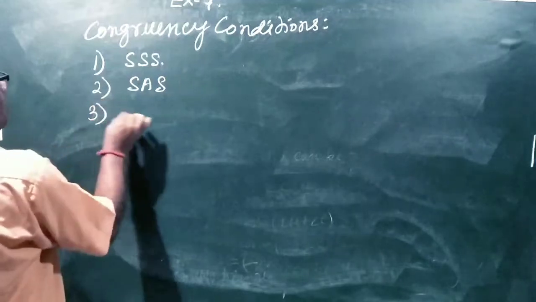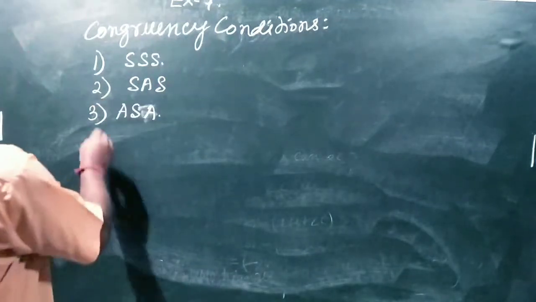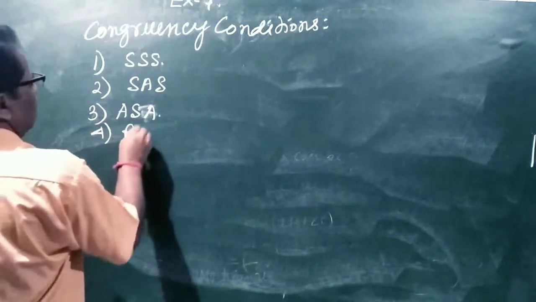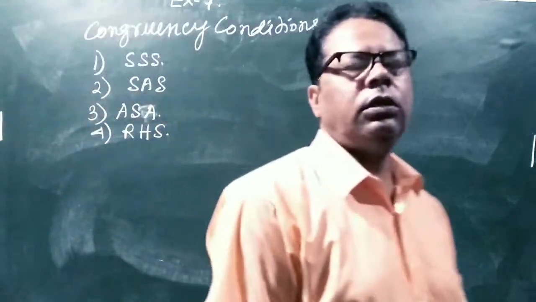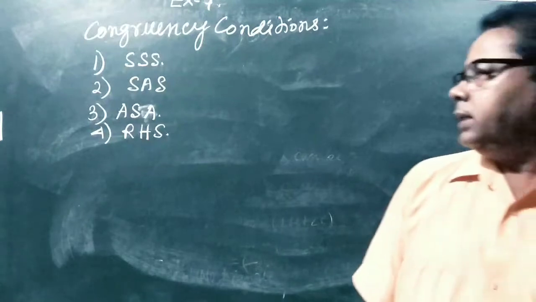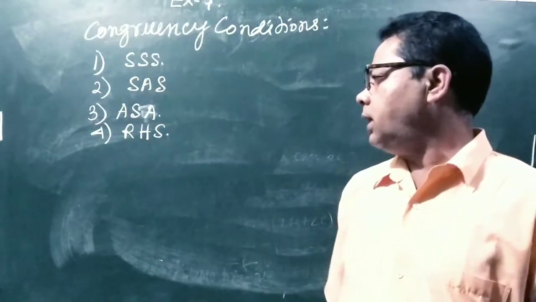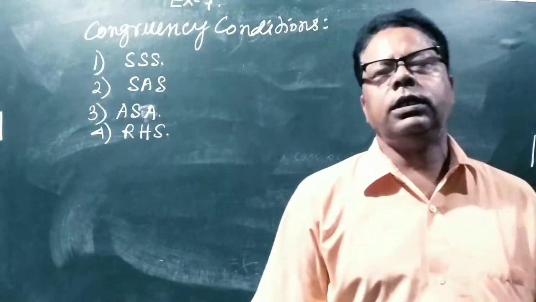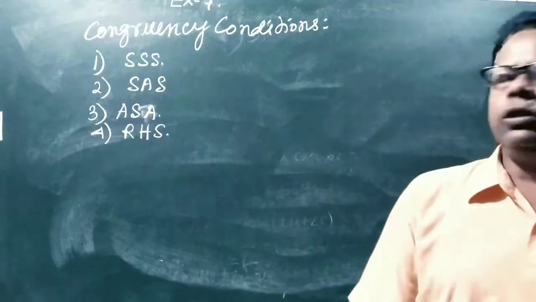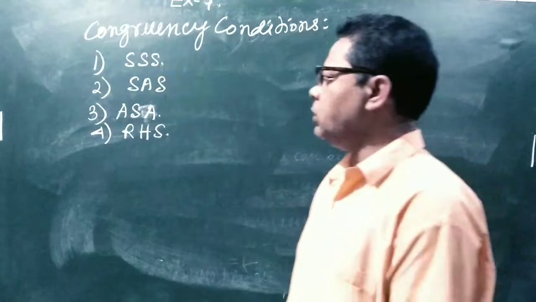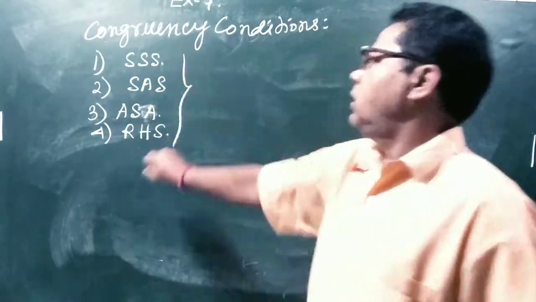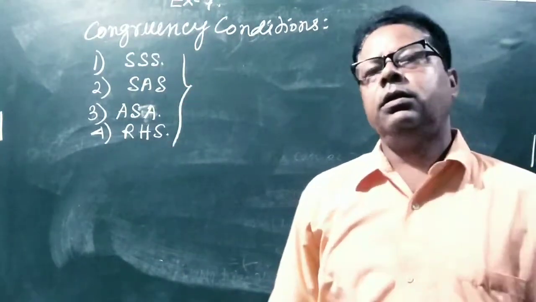And the fourth one is right angle, hypotenuse and side. So RHS is also one of the conditions. It also comes under the SAS rule, two sides and one angle. So these are the conditions when two triangles can be congruent.